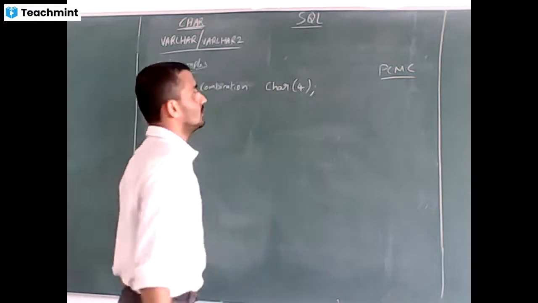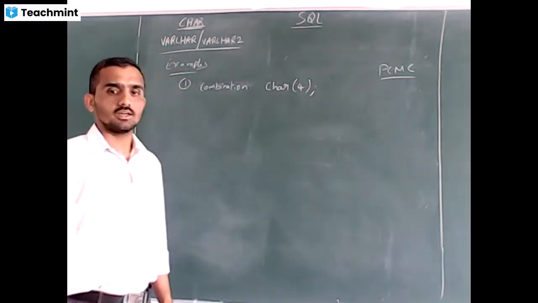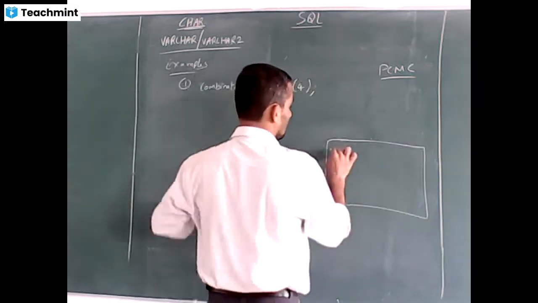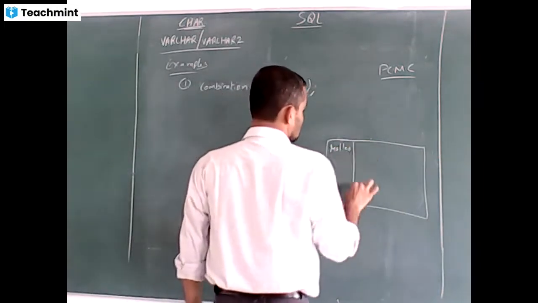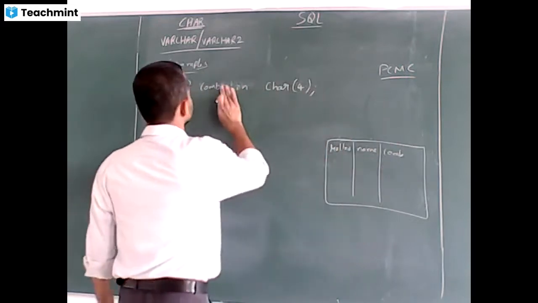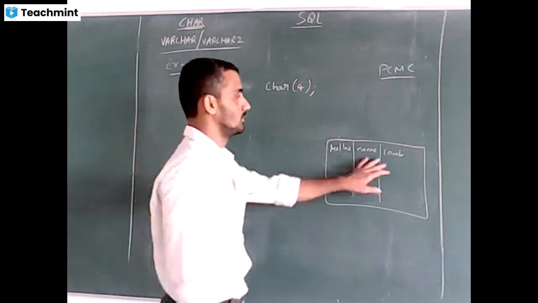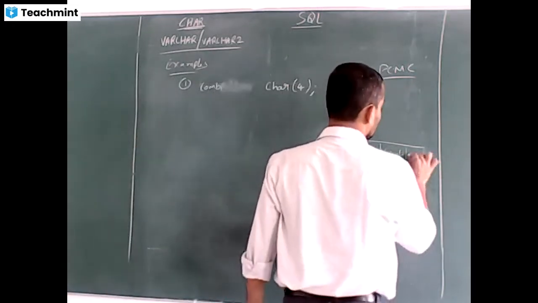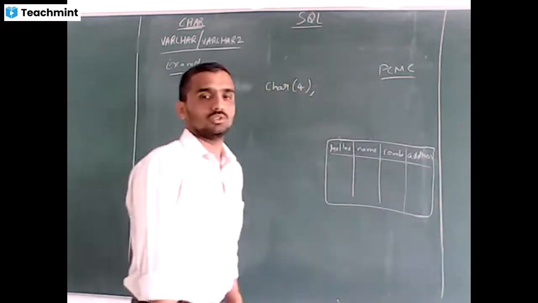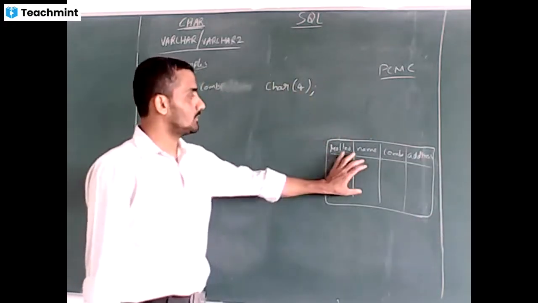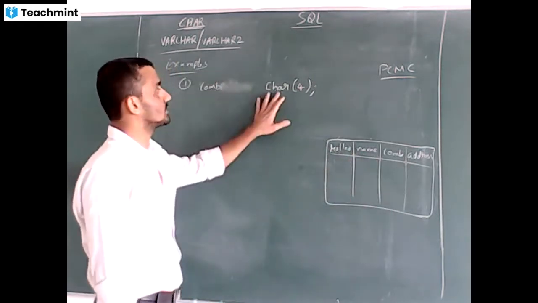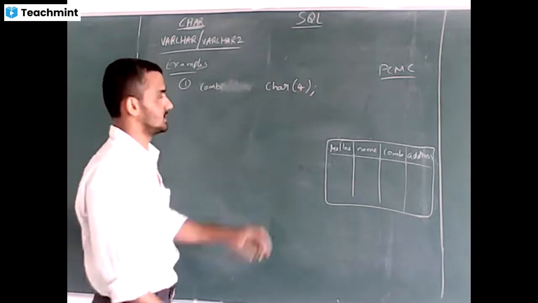So if you are storing combination information in a column called combination, for example, consider the student table. First one roll number, second one name, third one combination. You can use the column name in short form like COMB, and the next column you can consider as address. So roll number is integer, and name, combination and address store characters. For the combination column, if you are storing 4 characters, this is the size.